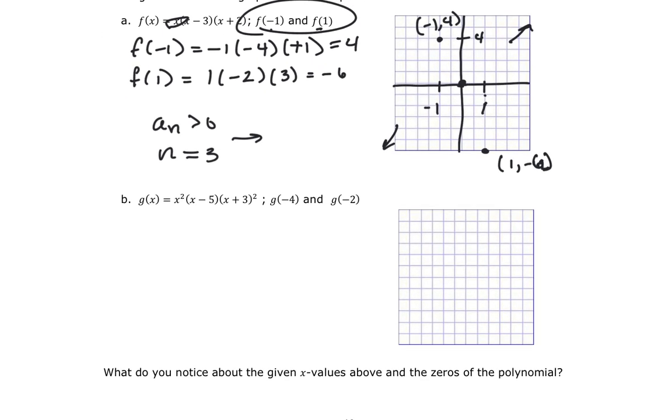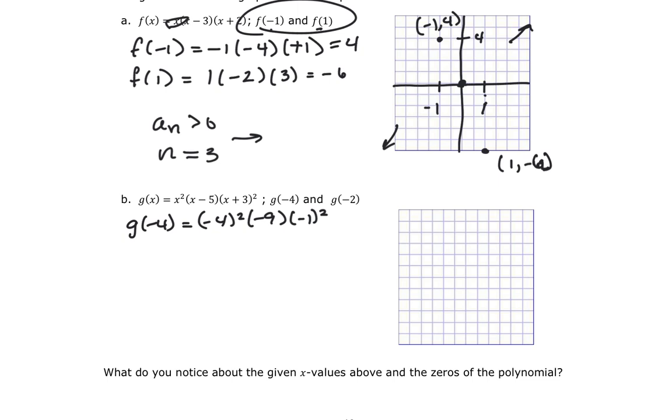So let's take a look at g of negative 4. I put a negative 4, I'm going to get negative 4, the quantity squared. I'm going to get negative 9, and then I'm going to get negative 1, the quantity squared. So I'm going to get a positive 16, because negative 4 multiplied by negative 4 is a positive 16, times a negative 9 multiplied by a negative 1 squared.